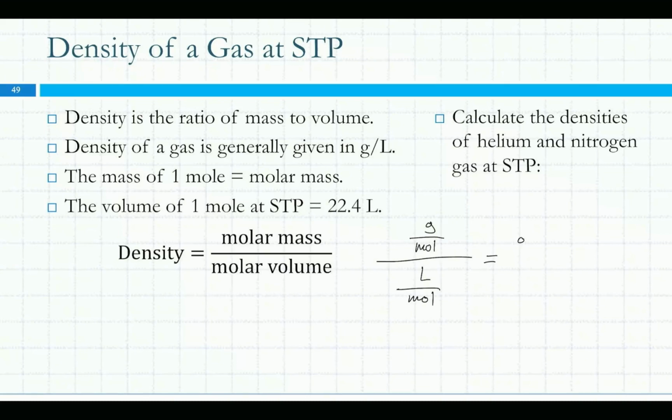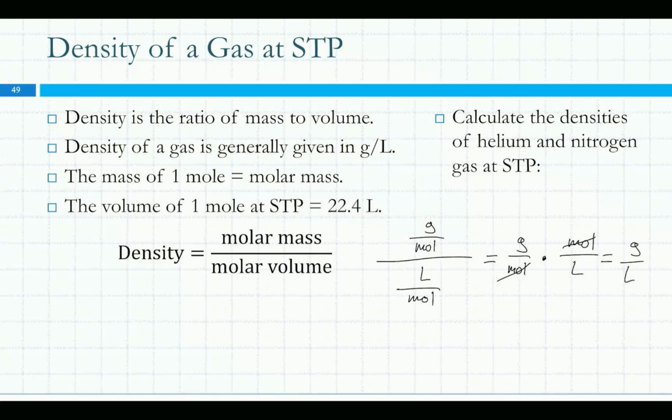So you can rewrite this as grams per mole. This is what I used to always do. And then you multiply by the other one flipped. So I take this one and I flip it. I put it over here. So moles over liters. And would you look at that? Moles cancels out and gives you grams per liter. So if you knew the molar mass and you knew the molar volume, you can calculate the density.